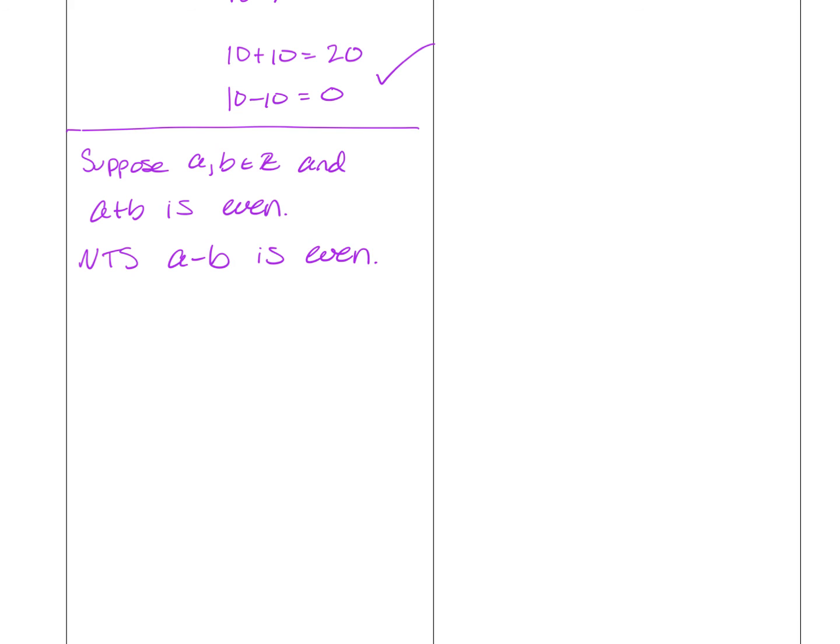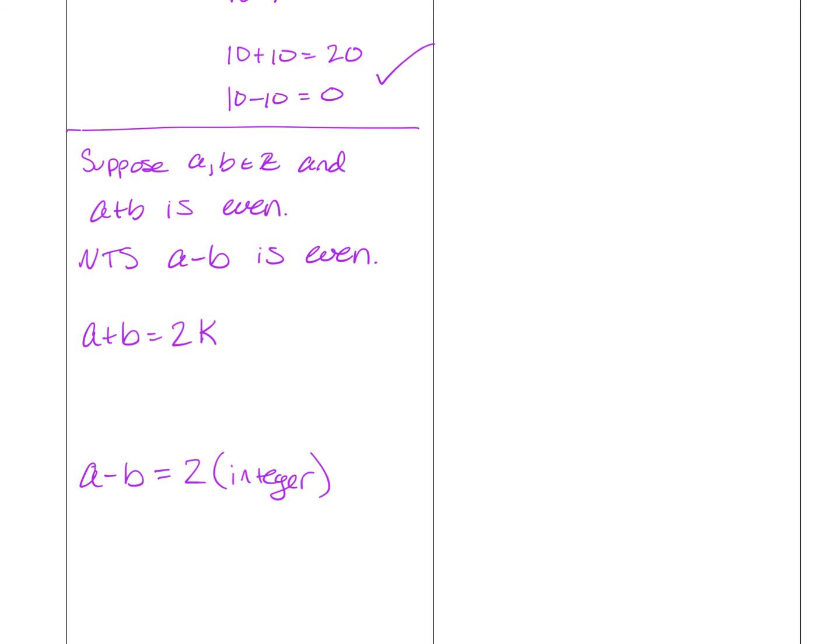So what does it mean to have an even sum? a plus b is even means it's 2 times an integer. But now there should be maybe some algebra I can do. I need to be able to show that a minus b is 2 times an integer.